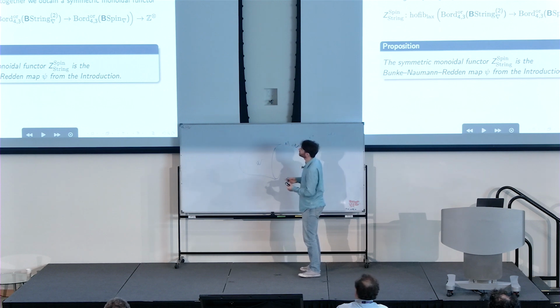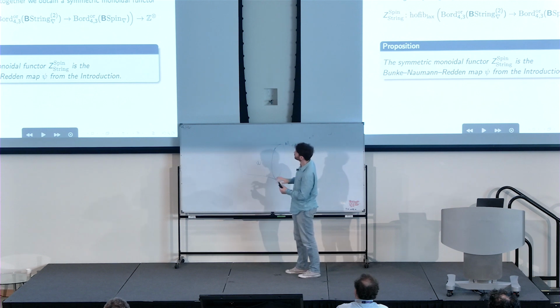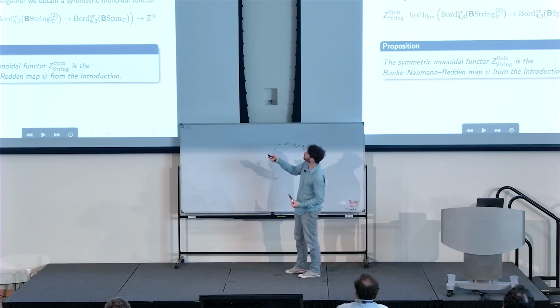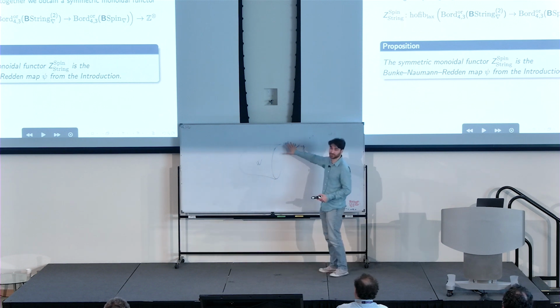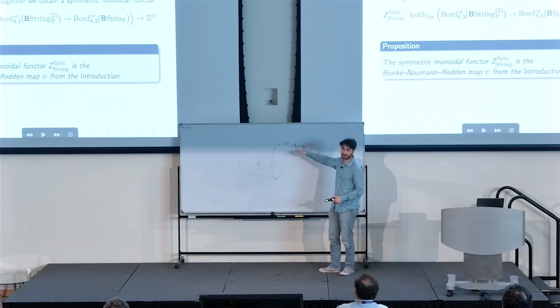And then there will be a morphism in the target between the unit object of the target and the image in the target of this. So the target is spin. So it means that I have to take M as a string manifold, forget the string structure and retain only the spin structure.